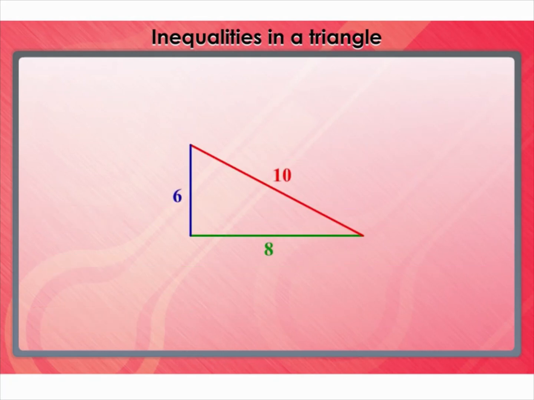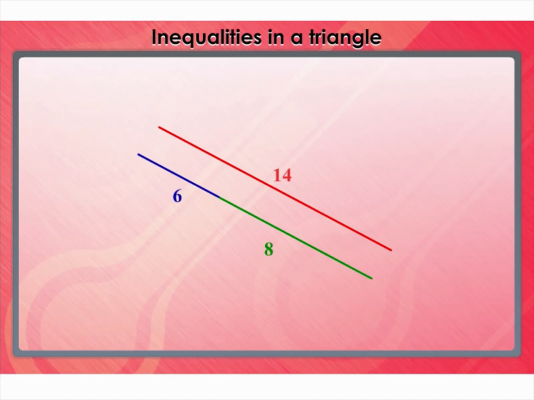Is it possible to construct a triangle with these sides? You can observe that it is impossible to form a triangle. Let's see why. On comparing, we find the sum of the two sides is equal to the third side. We cannot construct a triangle with such measurements. Similarly, we cannot construct a triangle if the sum of the two sides is less than the third side.